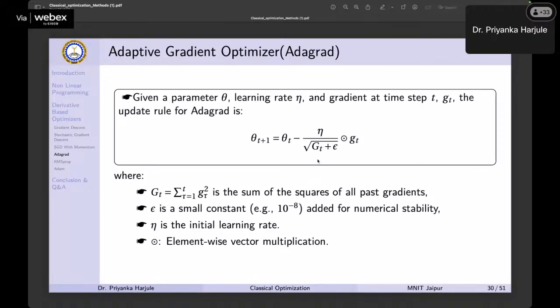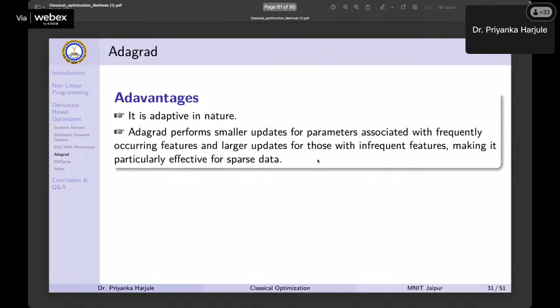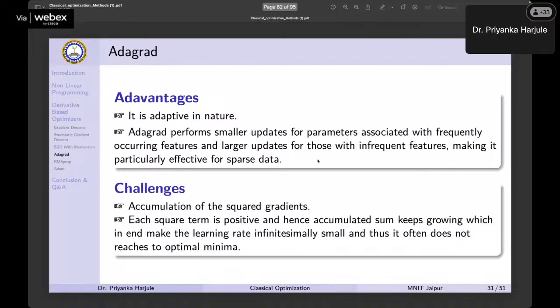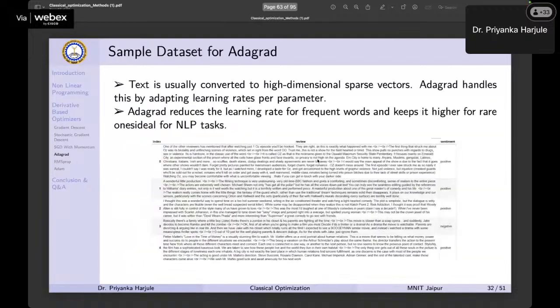This makes AdaGrad especially useful for sparse data like natural language processing or recommendation systems, where some features occur less frequently than others. So this is an example of such data. This is data from sentiment analysis, some kind of text with its sentiment. AdaGrad works very well for these.